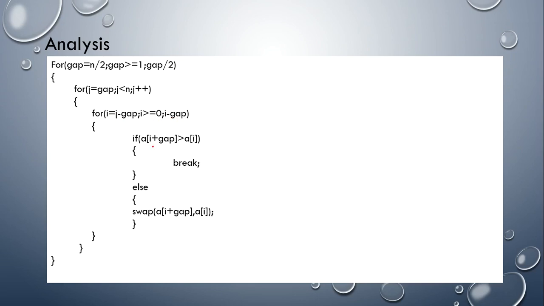Now after that, if the value of a of i plus gap is greater than a of i, then we cannot do anything, simply move forward. But if the value of a of i plus gap is less than a of i, then we swap a of i plus gap with a of i.